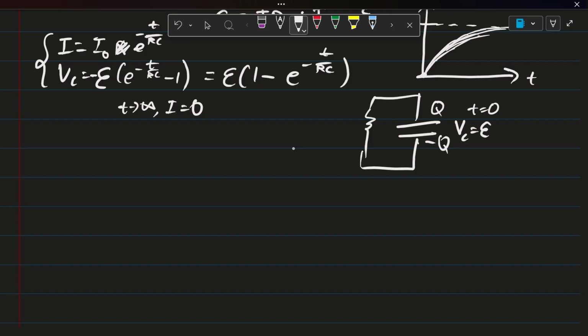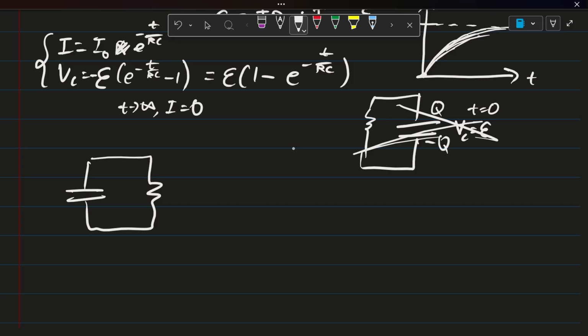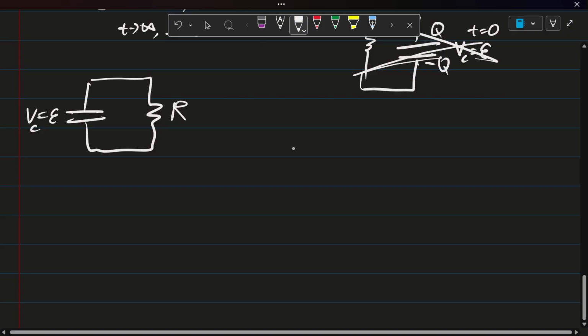So let's do the same trick. Instead of that, we'll just draw it like this. So it has V equals epsilon, and then it has a resistance. So let's try to crack this open.